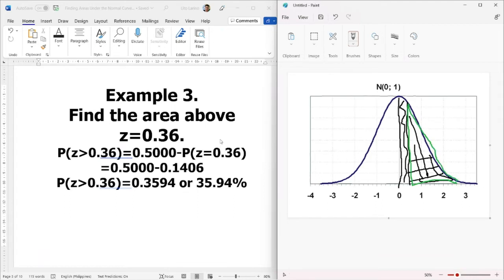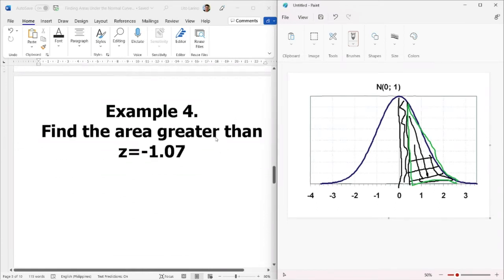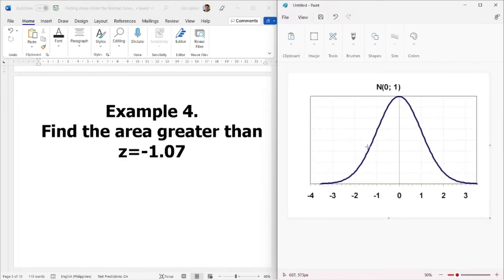Now let us have our second example for the second case, which is above or greater than the given z-score. Find the area greater than the z-score negative 1.07. Let us locate this z-score in our standard normal curve. That is negative, then it is located below the mean, 1.07.